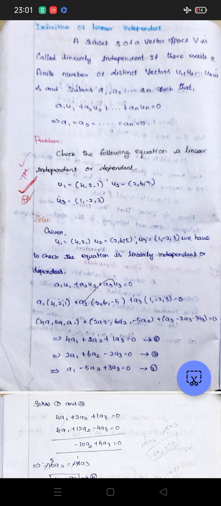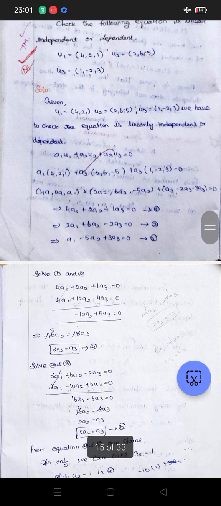Substitute the vectors u1, u2, u3 and multiply with scalars: a1 times 4, 2, 1 plus a2 times 2, 6, minus 5 plus a3 times 1, minus 2, 3 equals 0.